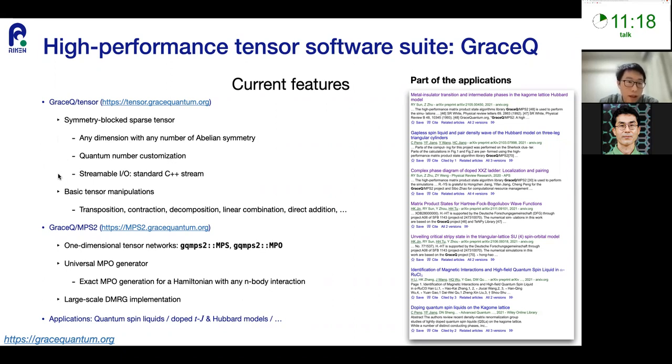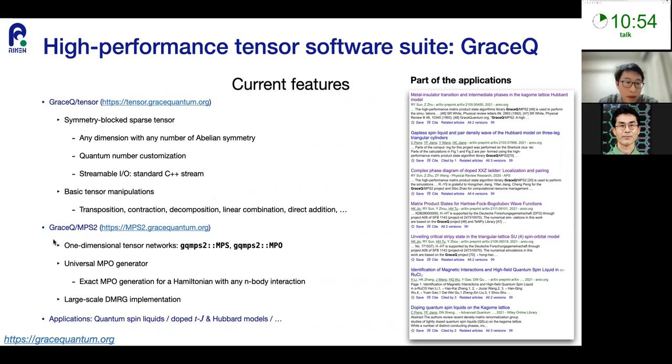And it also supports streamable I/O, which means you can convert a tensor to a standard C++ I/O stream. And it also provides the basic tensor manipulations like transpose, contraction, decomposition, linear combination, direct addition, etc.